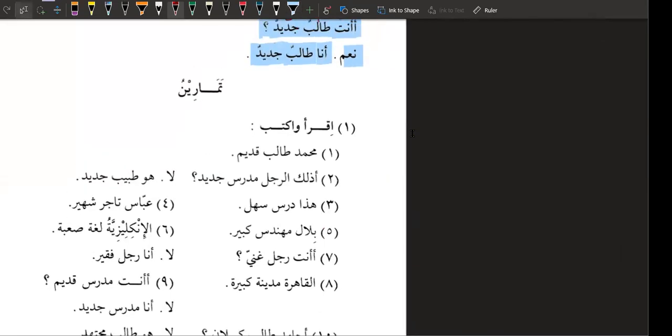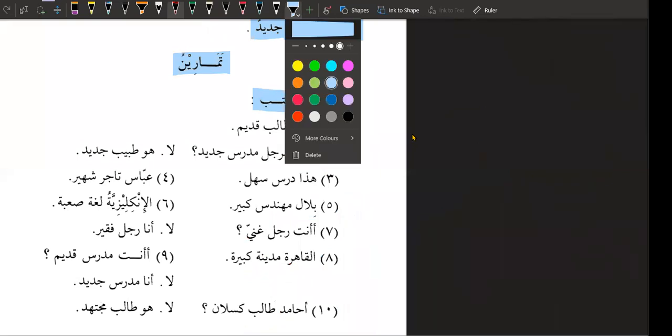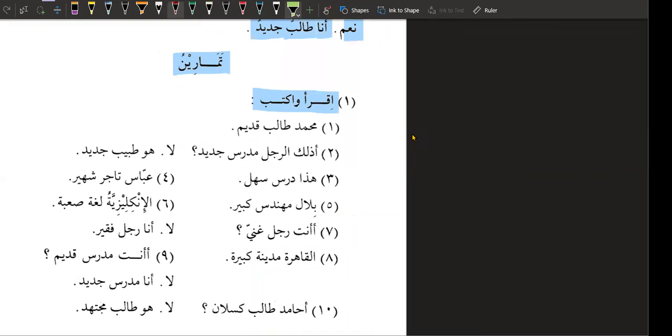So we'll carry on. تمارين, exercises. اقرأ, read, واكتب, and write. Read and write. نعم. Lou Jane, if you want to do the first one.